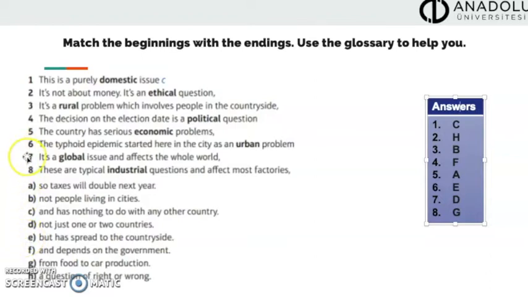Number 7. It is a global issue and affects the whole world, not just one or two countries. D goes for number 7, as you see. Global means for all the countries in the world. And the last one, these are typical industrial questions and affect most factories from food to car production. And G goes for number 8.